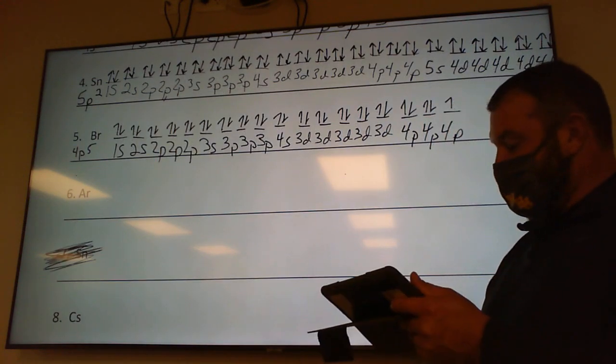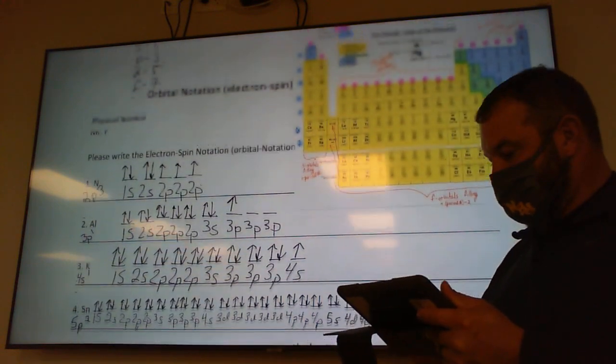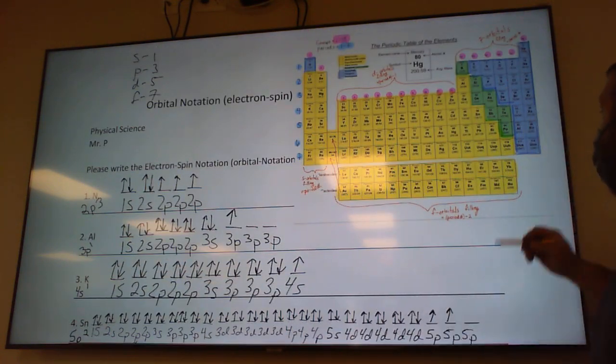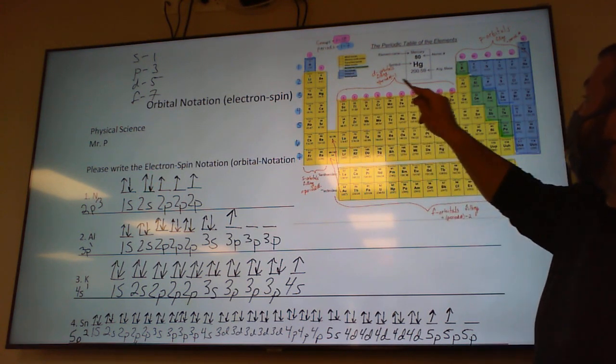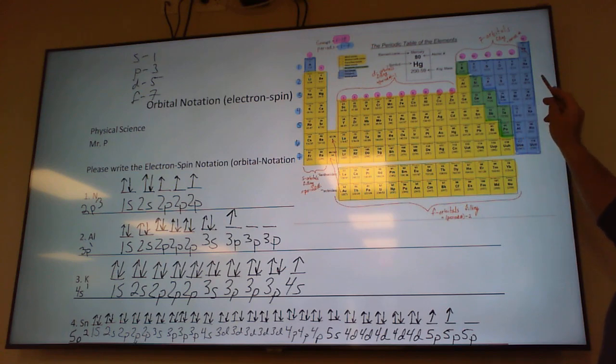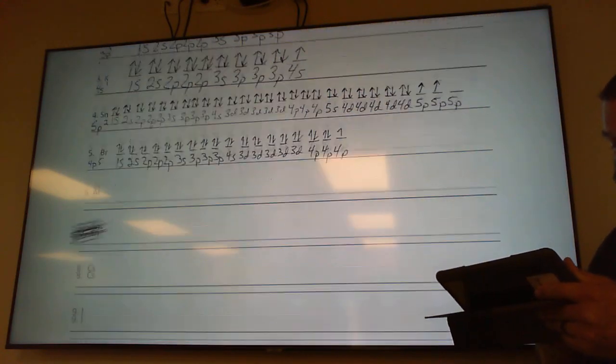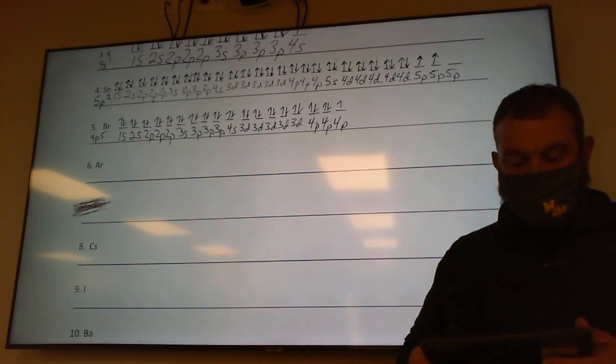We'll look at argon, because argon is pretty quick. Here's bromine. That's what we just did. Here's argon. Argon ends in 3p6. So if I look at argon, I know argon ends in 3p6.